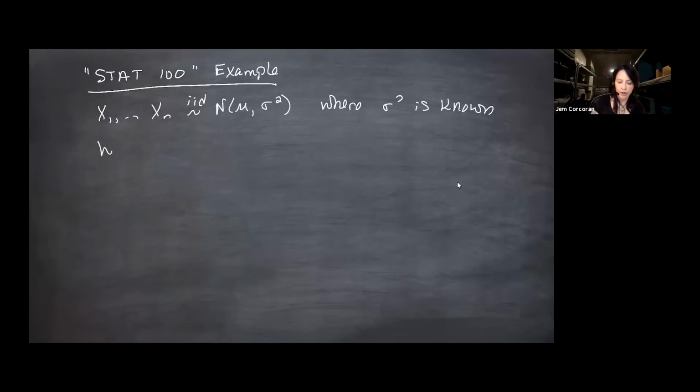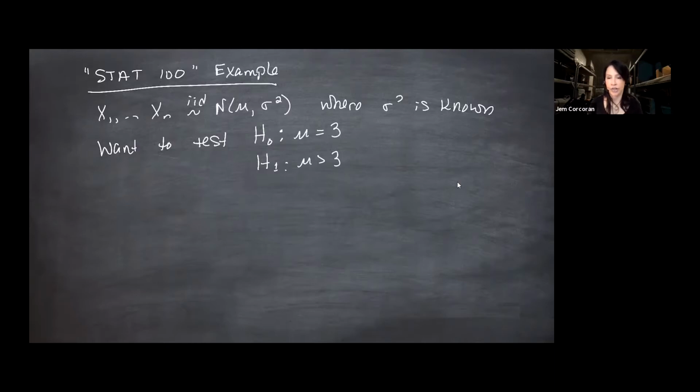Okay, so suppose that we want to test the null hypothesis that the mean is equal to 3 versus the alternate hypothesis that the mean is greater than 3. So you'll see that I have not used the entire parameter space because really the mean can be anywhere from -infinity to infinity. I'm simplifying the problem here as a building block.